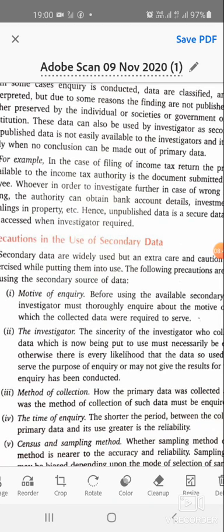The third point is the method of collection of the data. We have two types of method: the census method and the sampling method. Which method has been used? It also depends upon the time of inquiry.